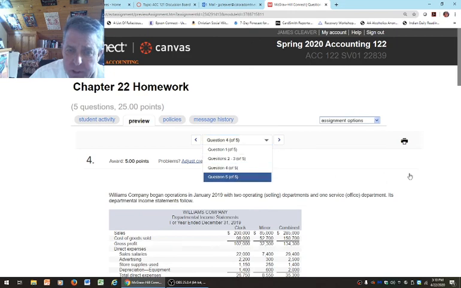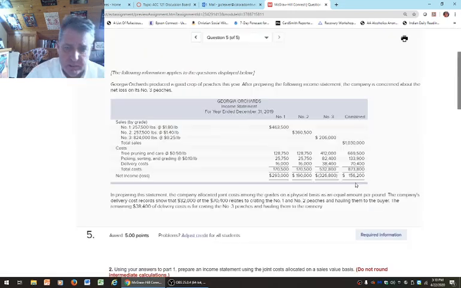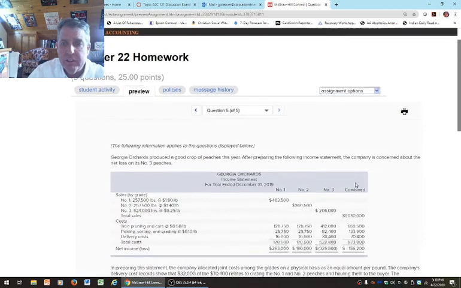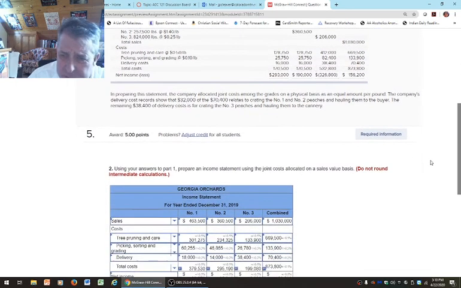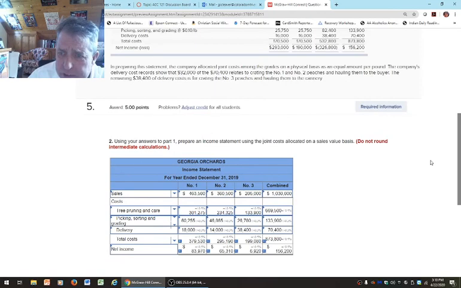And number 5. Here's the question. Here's a little income statement for these 3. After preparing, concerned about net loss, number 3 peaches. Well, they have different peaches. Oh, they're grades.